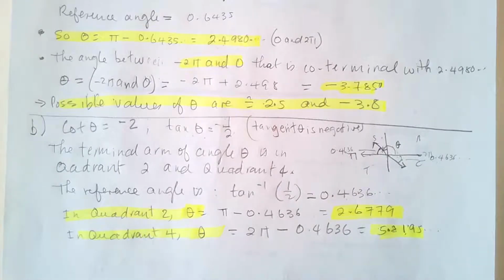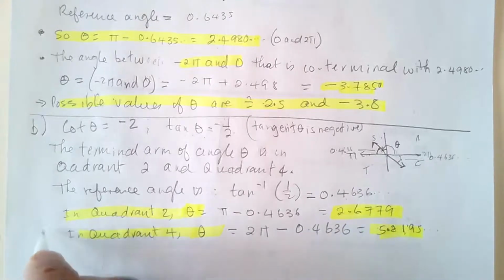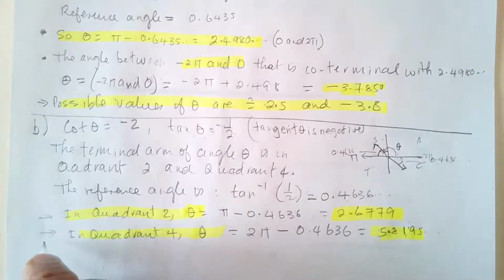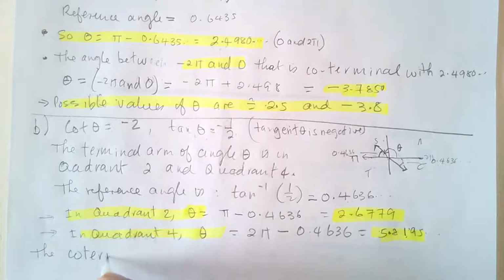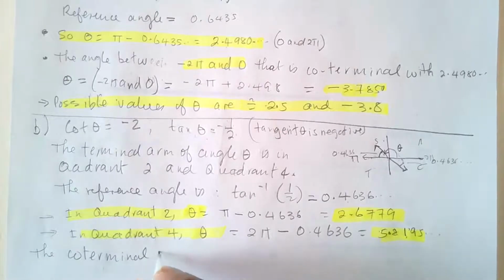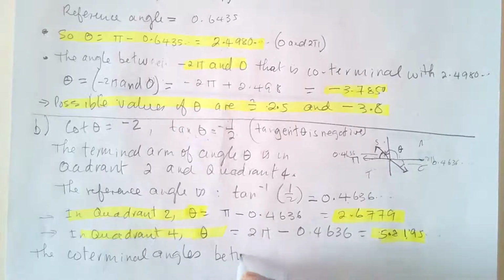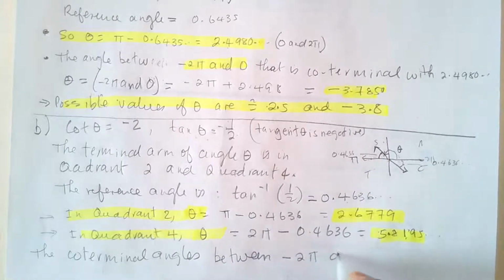Now we need to find the coterminal angles between negative 2 pi and 0. So now we find those two.